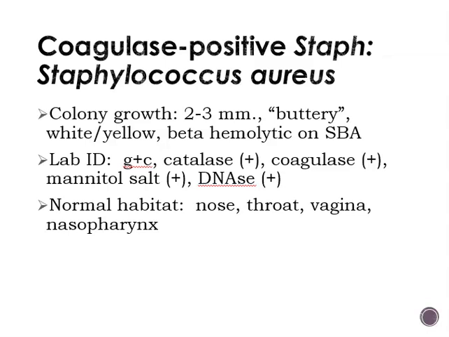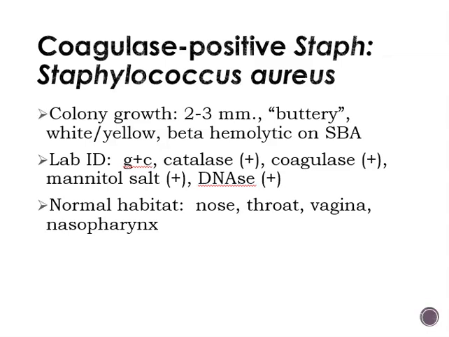So it is positive, which means it utilizes the mannitol, so it will change the color of the media. Uninoculated, that mannitol salt agar plate is red. Staph aureus utilizes the mannitol and turns the plate yellow. It's also DNase positive, and DNase is just an enzyme capable of hydrolyzing double-stranded DNA.